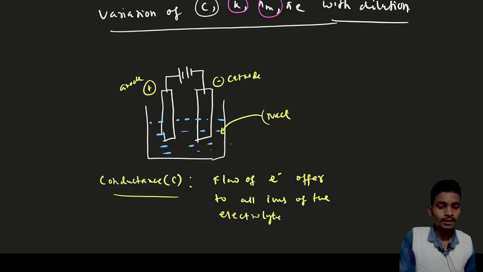Let's say here NaCl, then ions are Na plus and Cl minus.